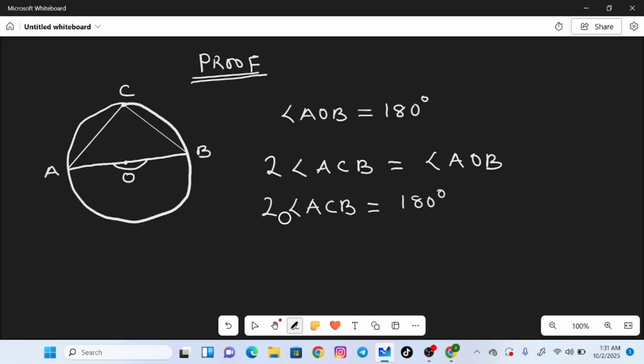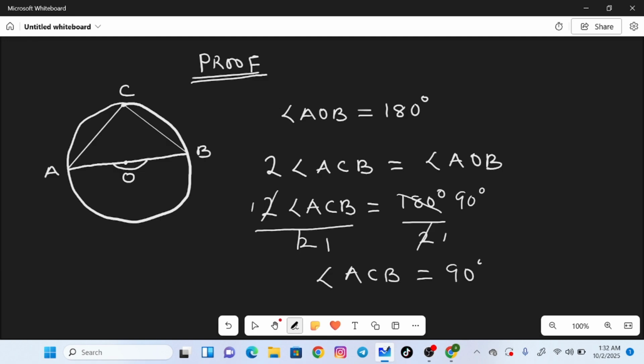Divide both sides by 2. Over 2, over 2. Here 1, here 1, here 90 degrees. So angle ACB equals 90 degrees.